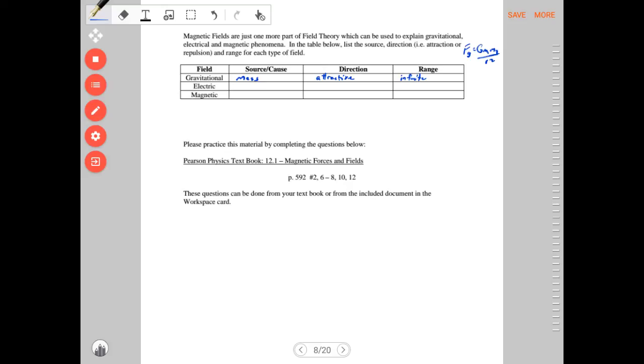Now electric fields. The source of those is electric particles, so electric charges. Now, the funny thing about electric fields, they can be attractive or repulsive.